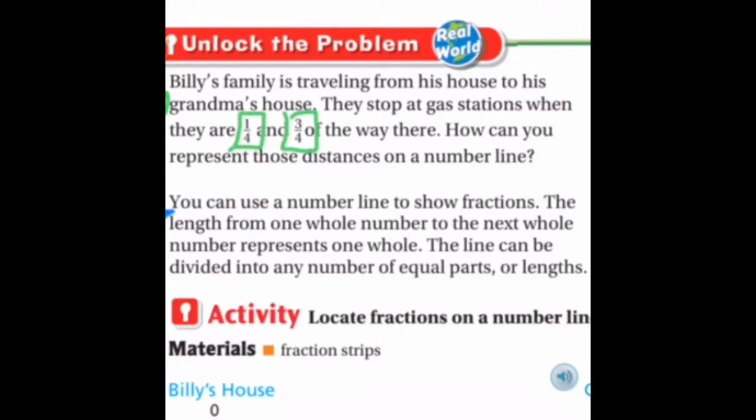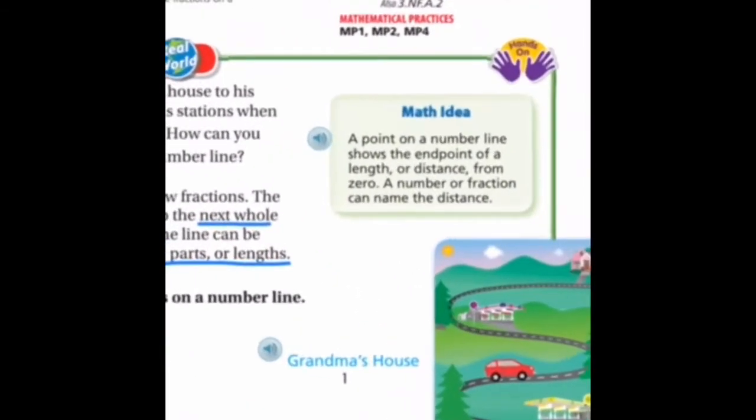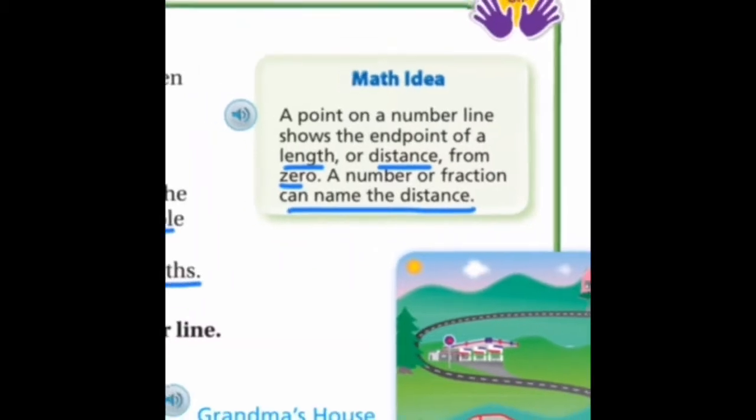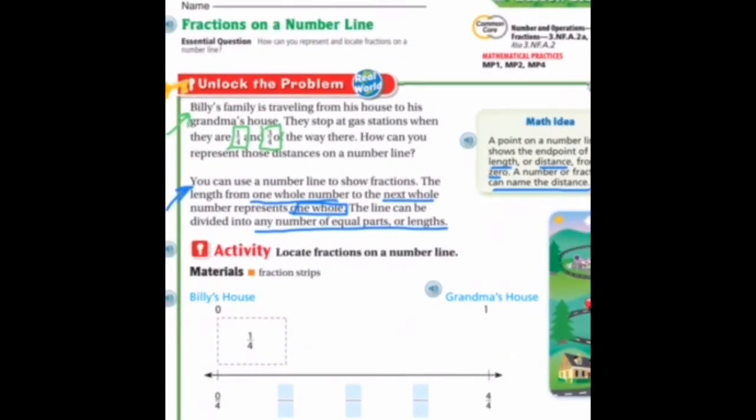The length from one whole number to the next whole number represents one whole. But the line can be divided into any number of equal parts or lengths. A point on a number line shows the endpoint of a length or distance from zero. A number or fraction can name the distance. That's what we'll be looking at today.